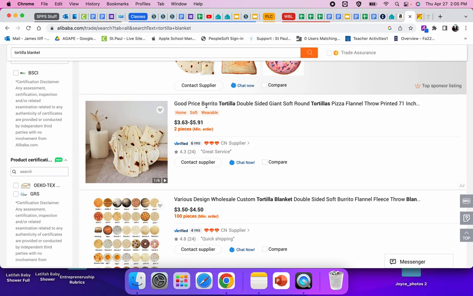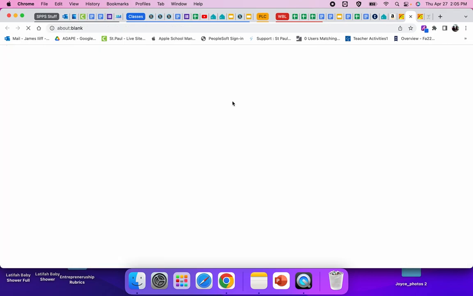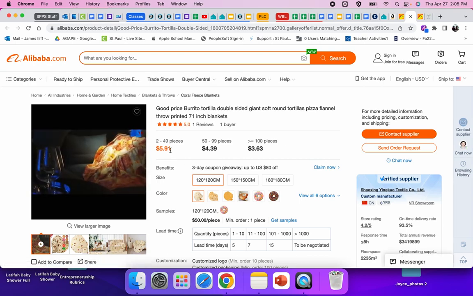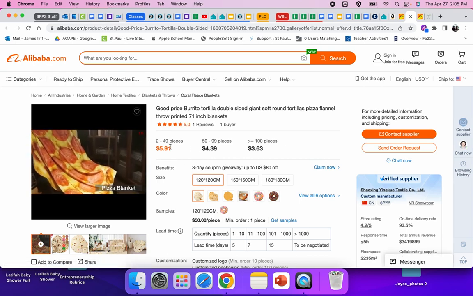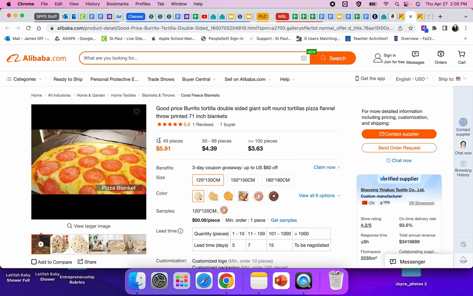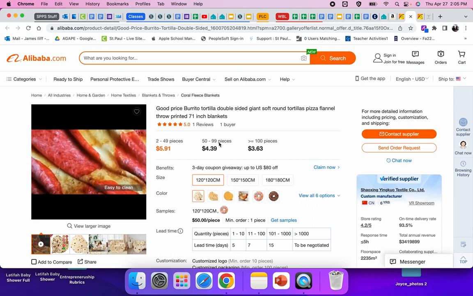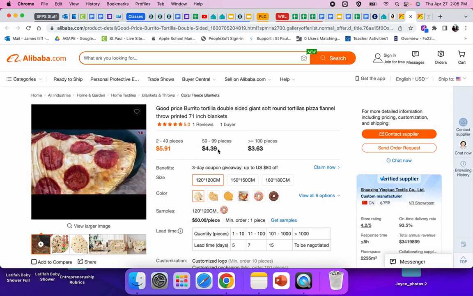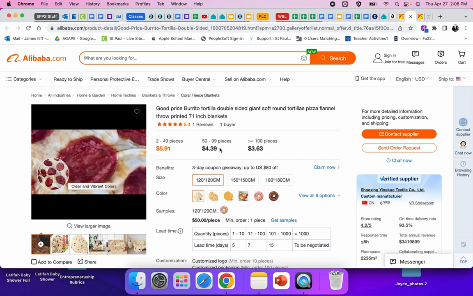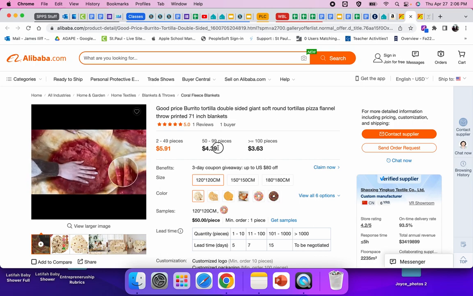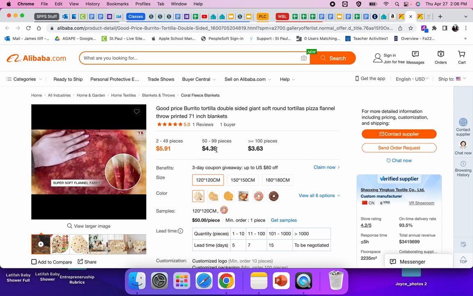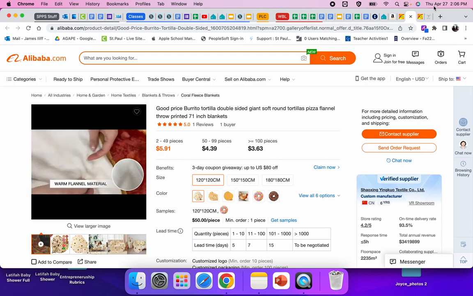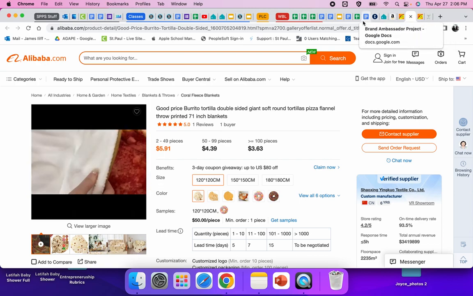Notice that if I click into here, we're looking at about $5.91 per piece if I order between 2 and 49 pieces. Or if I order above 50 pieces, I get them for cheaper. So I'm going to take this one right here: $4.39 per piece. That's how much it's going to cost for this company to make my blankets.